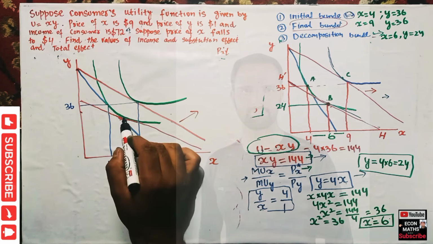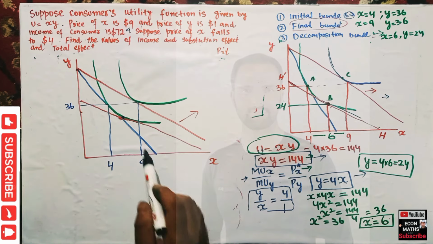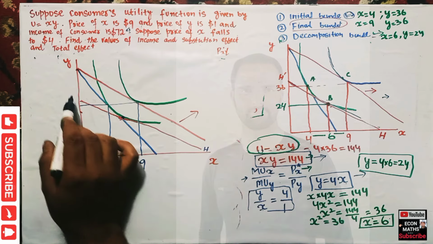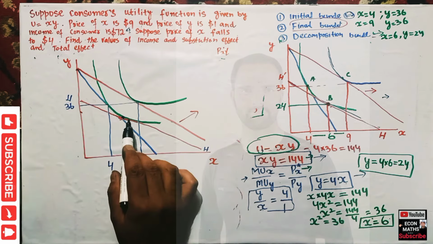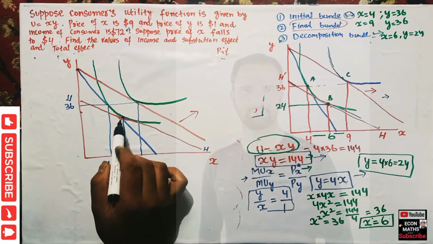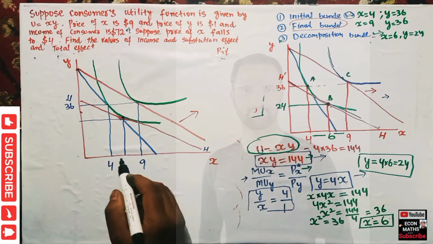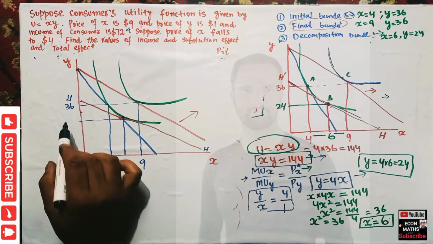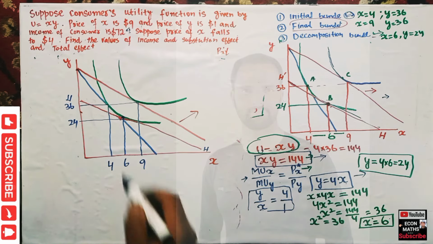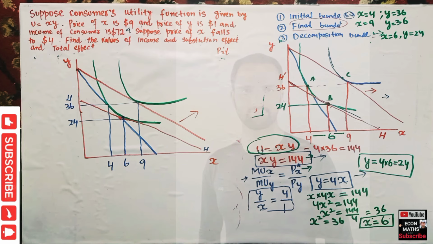We have the tangency condition here, because the Hicksian line we drew is tangent to our original indifference curve. On the axes we have 24 units here and 6 units here. This Hicksian decomposition line is only used to differentiate between the substitution effect and income effect.